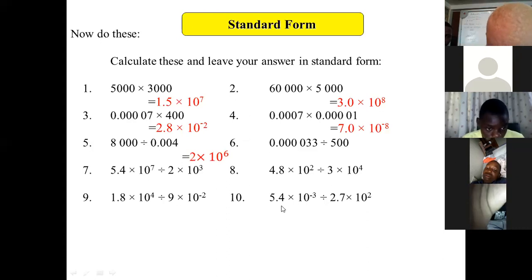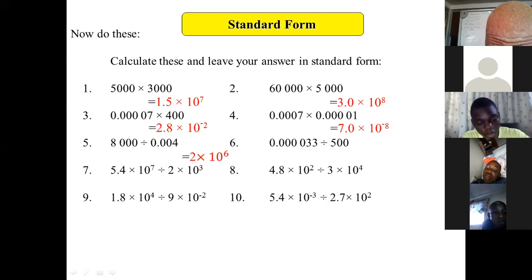Which one did you not understand? Talk loud. The ones with points, like number 3. Okay, number 3, the one with points.